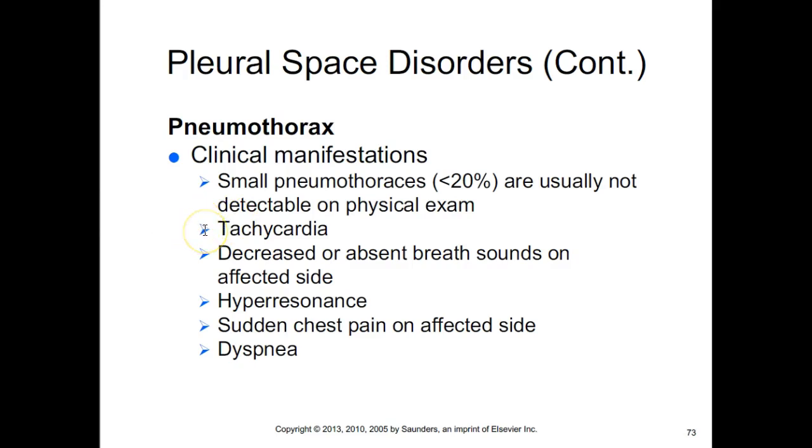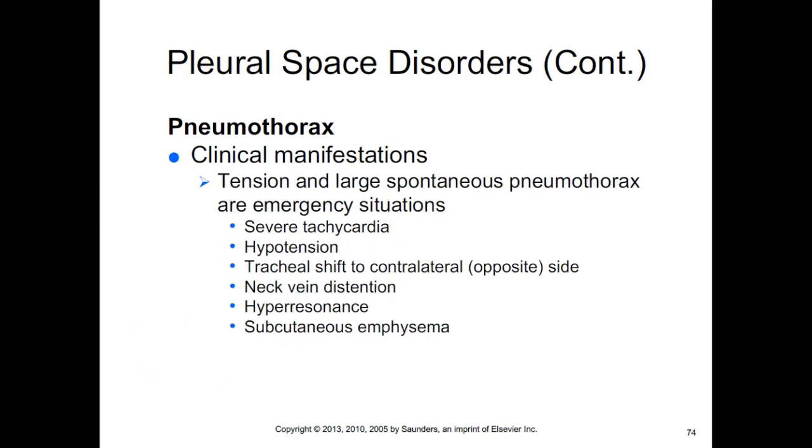You might see tachycardia, absent or decreased breath sounds on one side, hyperresonance, sudden chest pain on the affected side, and dyspnea, right? So the large and tension spontaneous pneumothoraxes are much more emergency situations and can have severe tachycardia, hypotension, and tracheal shift, right? Neck vein distension, hyperresonance, and subcutaneous emphysema.